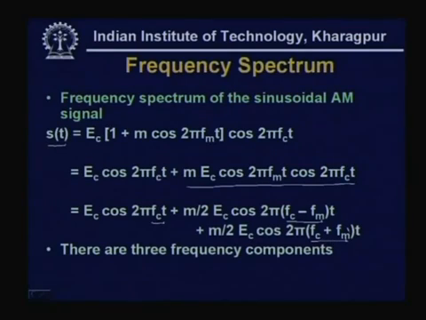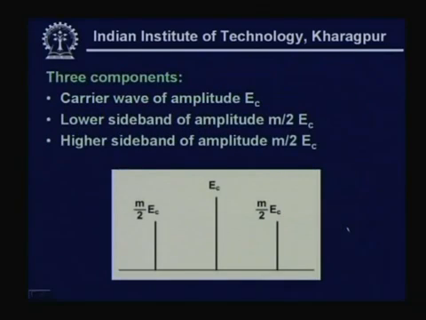So, after modulating a sinusoidal carrier with the help of a sinusoidal modulating signal, we get 3 frequency components and their respective amplitudes are shown in this diagram. Here we get a carrier of peak amplitude Ec, this is known as the lower sideband, this is your carrier and this is your upper sideband or higher sideband.